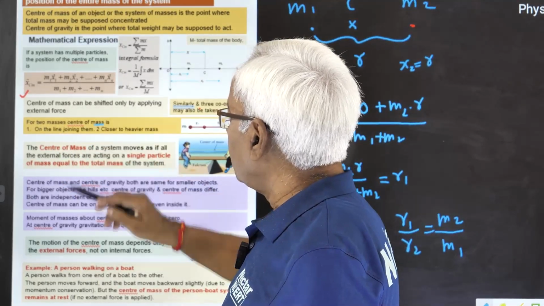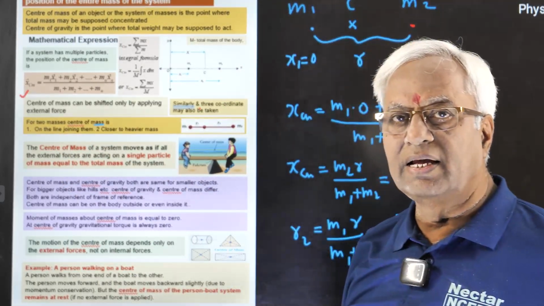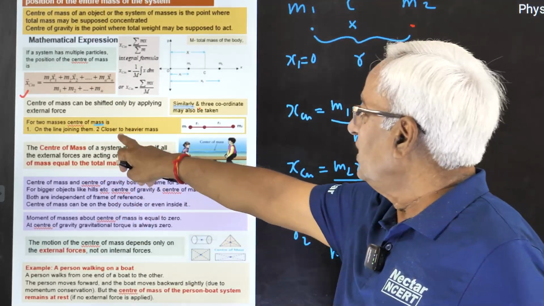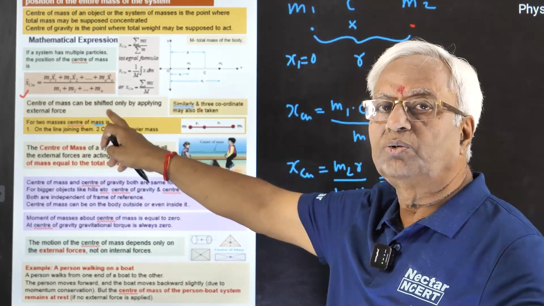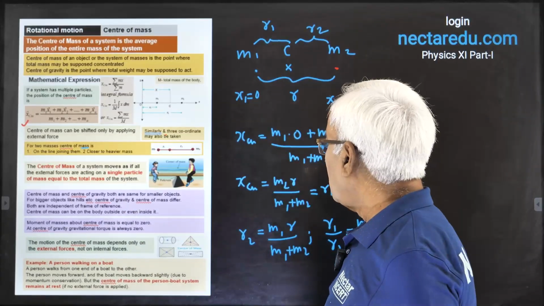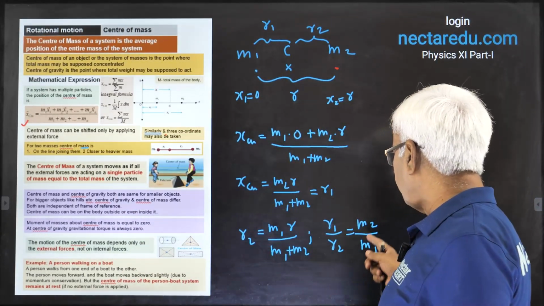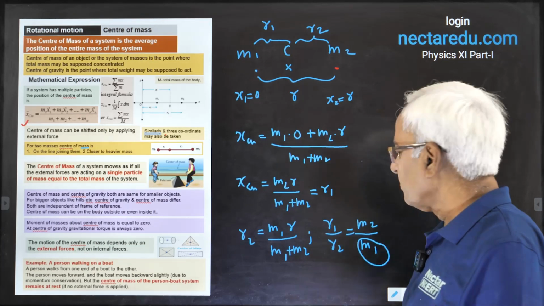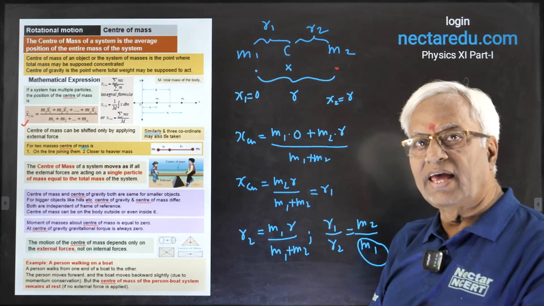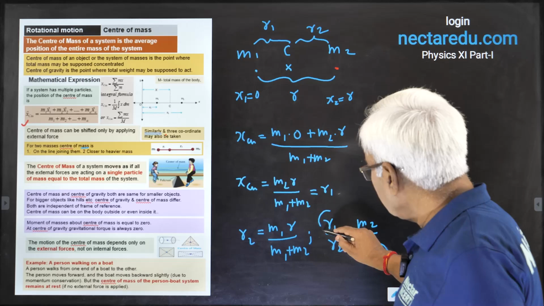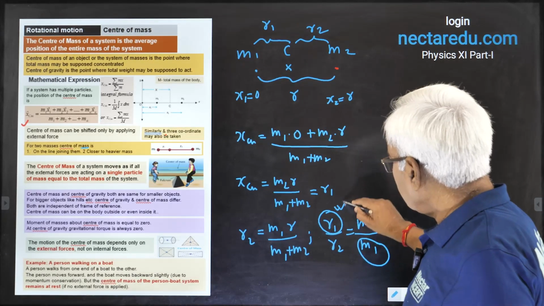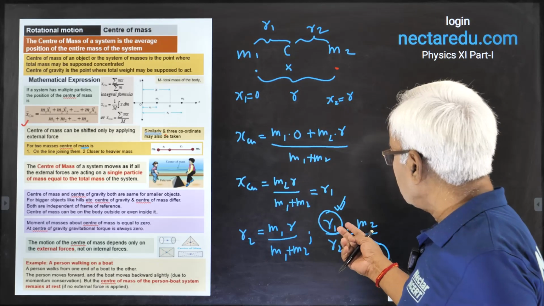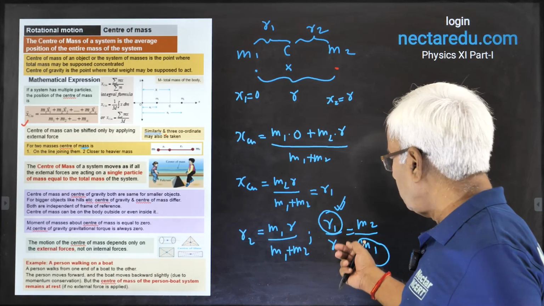The center of mass is going to lie on the line joining them. Hint is given here, closer to the heavier mass. How would you derive that thing from this result? You see, if M1 is heavy, then R1 is naturally smaller. Means with the heavier mass, center of mass will be closer.